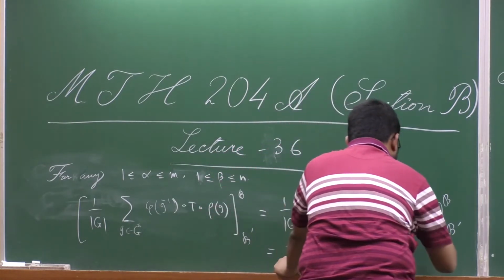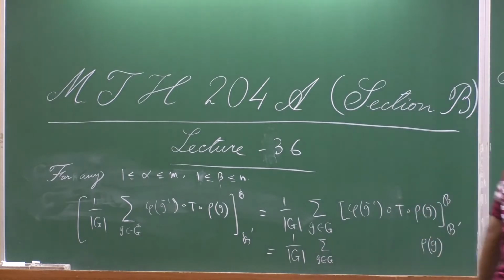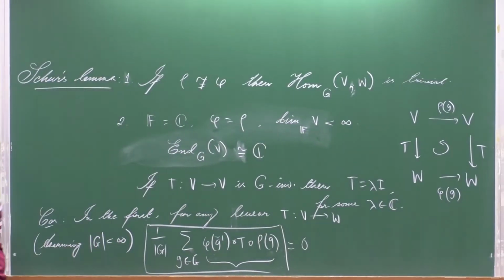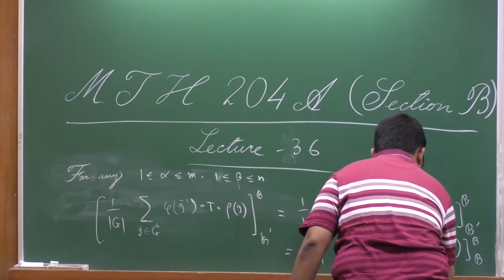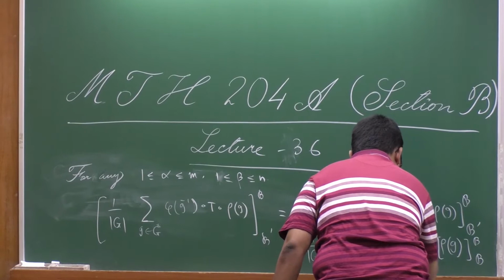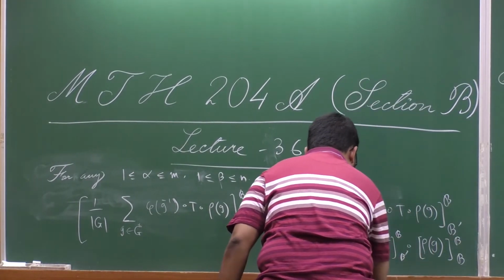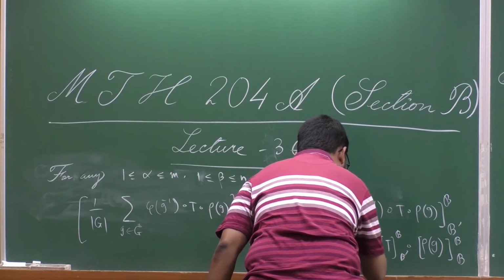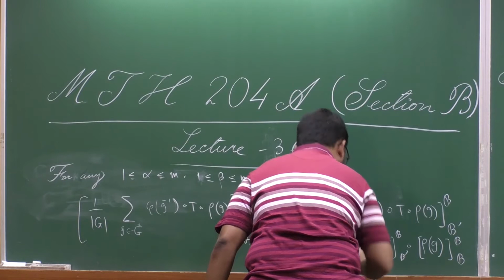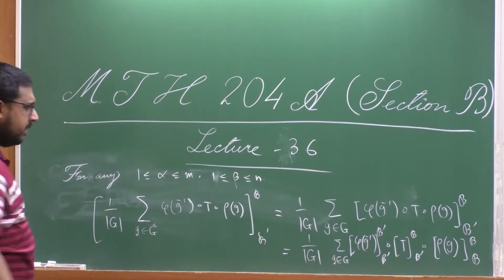So what do we have actually here? If you recall this commutative diagram, then we must observe this matrix representation has to be this, B prime followed by B prime, right. This is going to be the matrix representation.